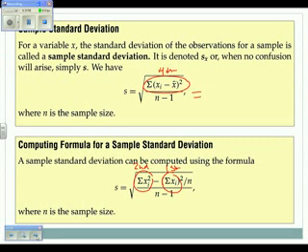If we do S for the table that we just filled out, we would have the square root of, what was that sum, 26.75? And then what was our n for the previous data set? 4, because there were 4 data values.